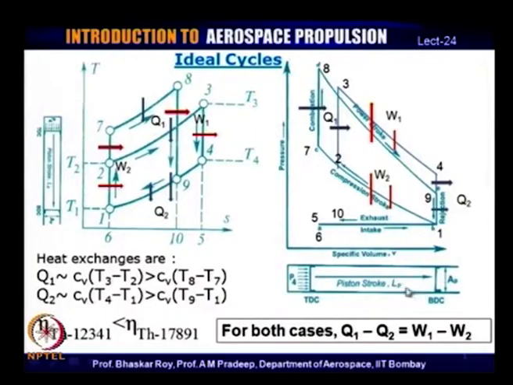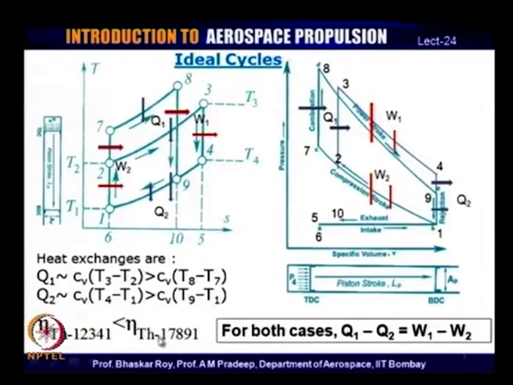Now, if you are to do more work out of this piston, you would need to change the volume of this, and we will come to the actual formula in a few minutes. The point is that if you are to create more efficiency of one cycle, you would need to create more compression ratio, as we have seen in the last lecture.